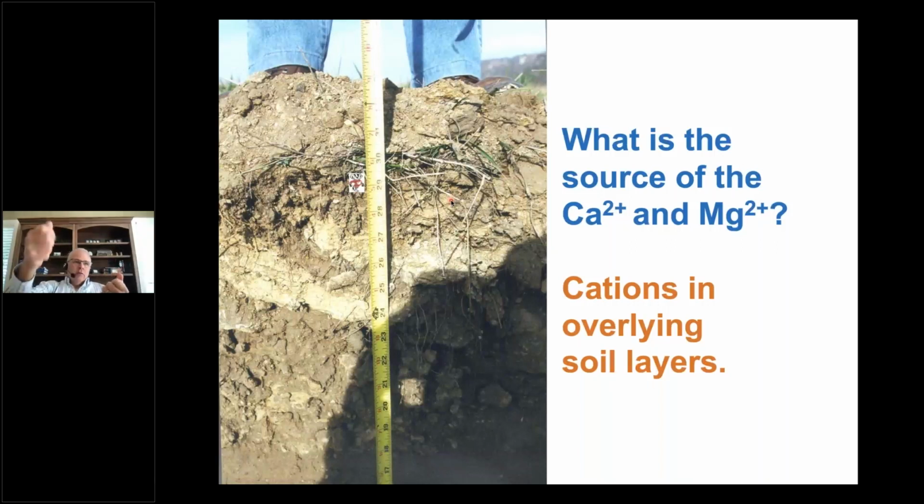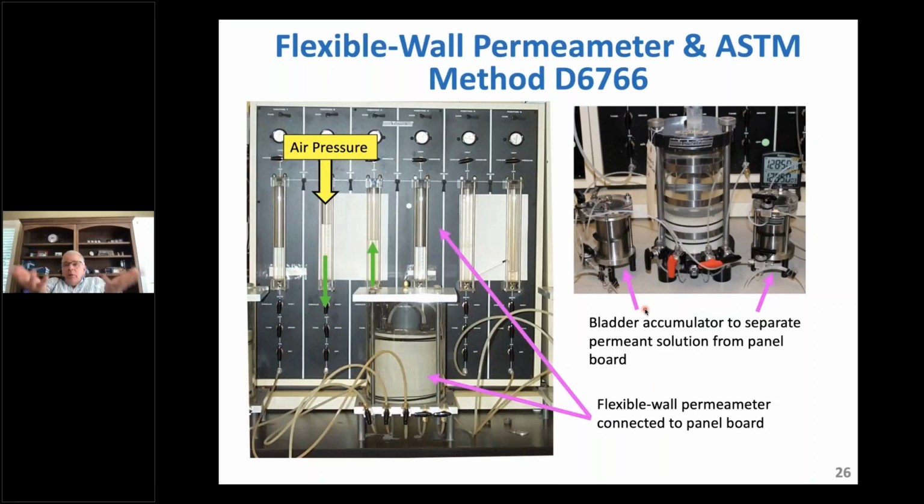Sure, I'll give you my $1 bill if you give me a $2 bill. And so the bentonite sees that very preferentially, and there's actually a preferential desire for the calcium from a thermodynamic perspective. But it all comes from the overlying soil layers. And actually it can come from below, from the subgrade too, all right?